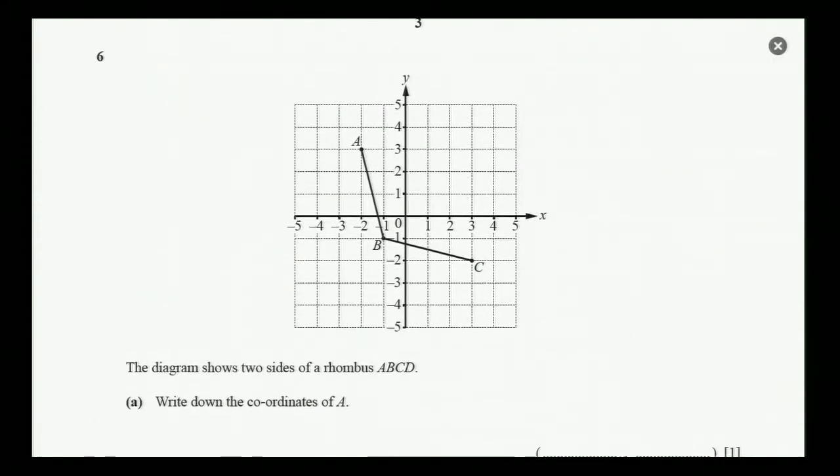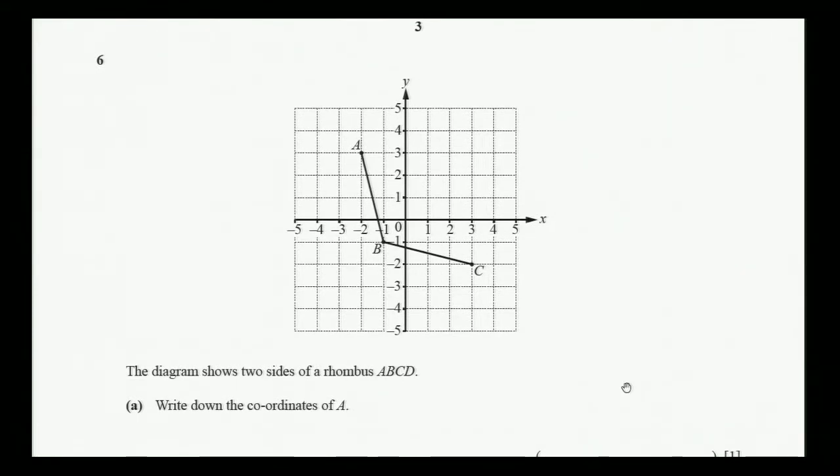The diagram shows two sides of rhombus ABCD. You see, from this diagram, it only shows A, B, C, but not D. So, write down the coordinates of A. This is very easy, I don't need to teach this. Coordinates of A, very simple. It's just (-2, 3). That's all, right?